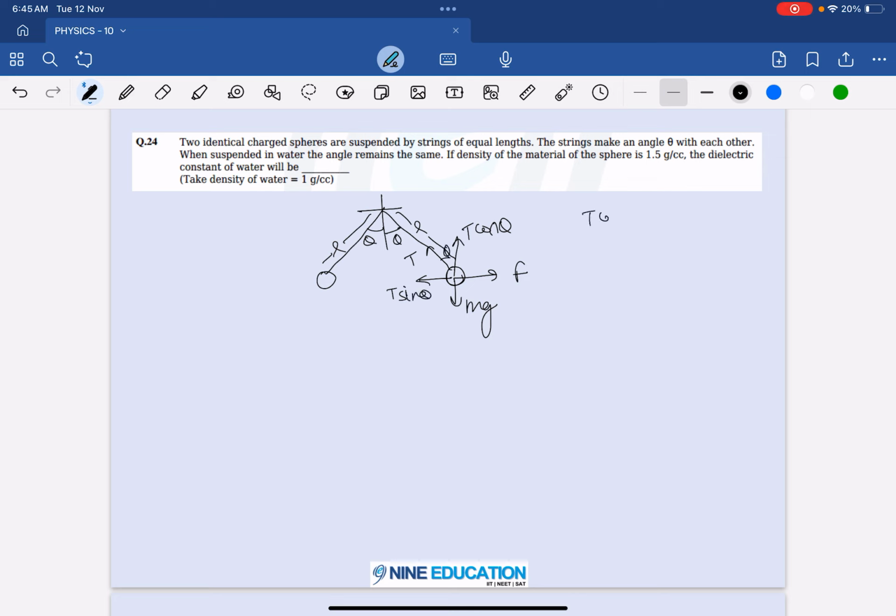Can I write T cos theta equals mg, and T sine theta equals F? These are equations 1 and 2 when they are in air. When they are put in a dielectric, the equations are going to change, but the angle is not changing.